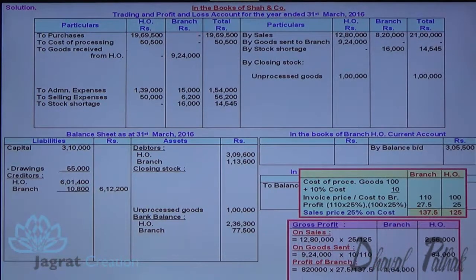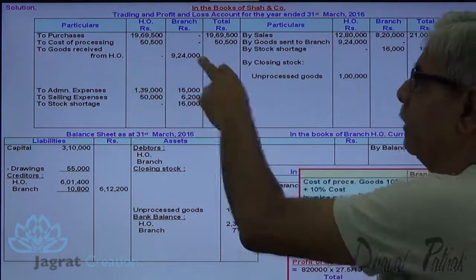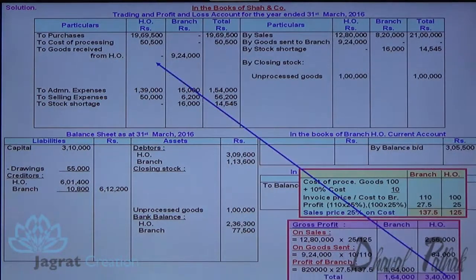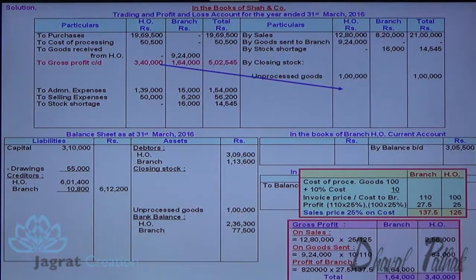This is the profit of branch. So this is the gross profit that I should write to the debit side of trading account and credit side of profit and loss account. So this is the HO's profit, branch profit. This is the HO and branch profit.